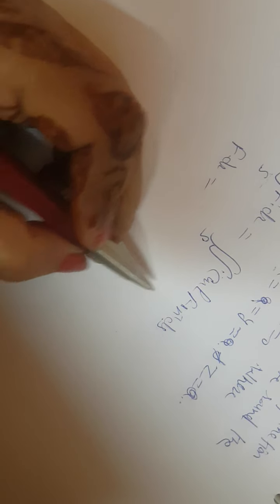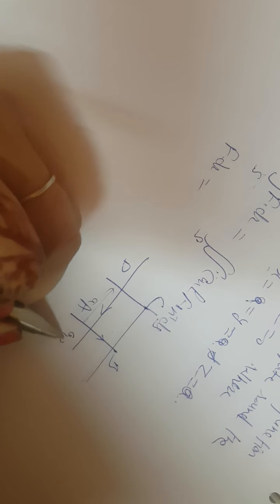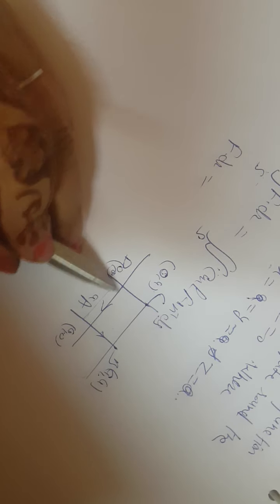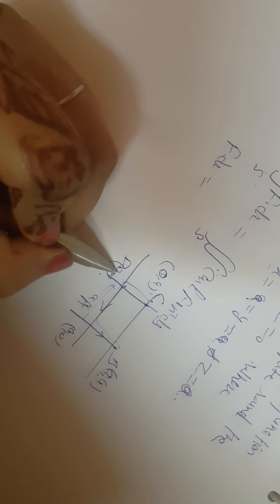So first you have to plot this: A, B, C, D. This is the distance a. This is a, this is 0 a, and this is 0 0. So you have to find the line integral along the directions AB, BC, CD and DA.